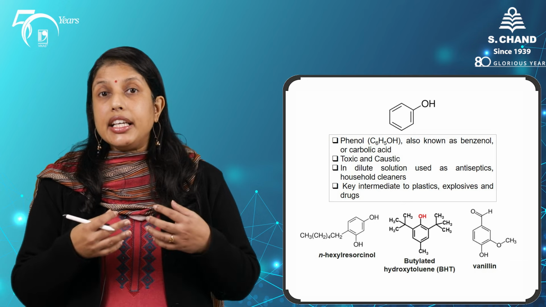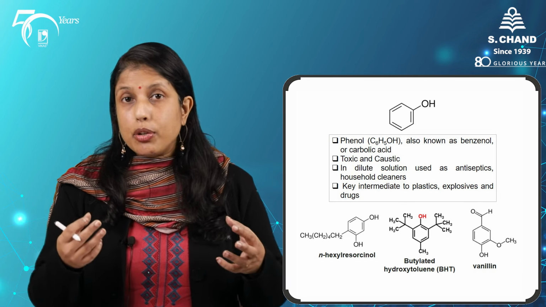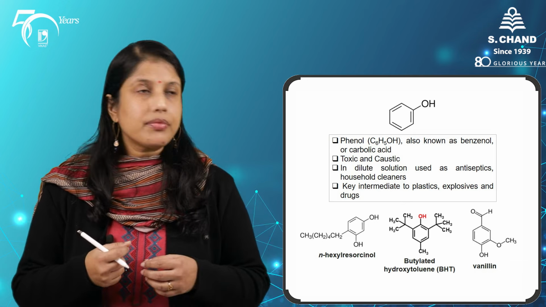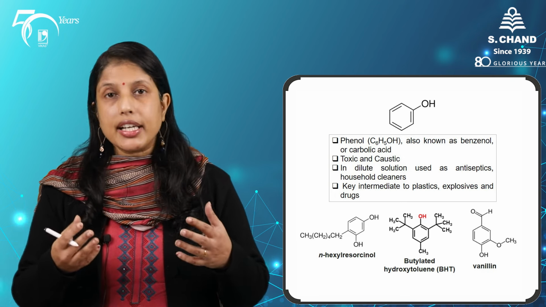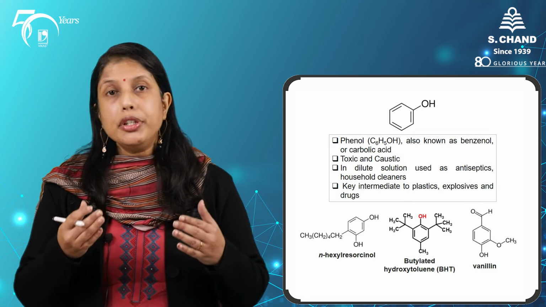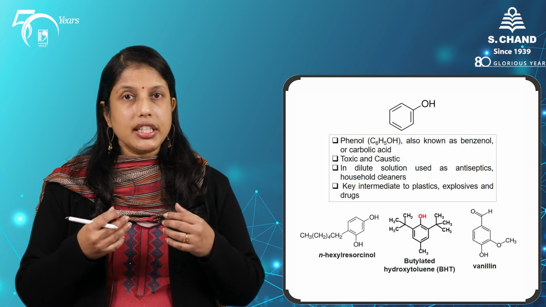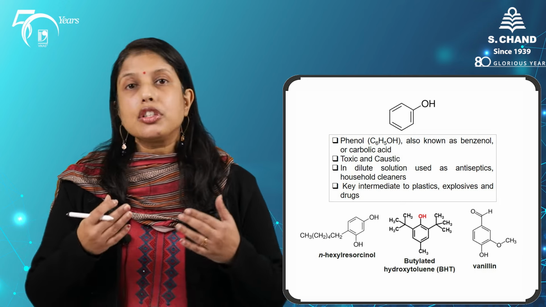It's also the key intermediate to many explosives like picric acid. Less toxic versions of phenols include butylated hydroxytoluene, which is commonly found as an antioxidant in various processed food products.